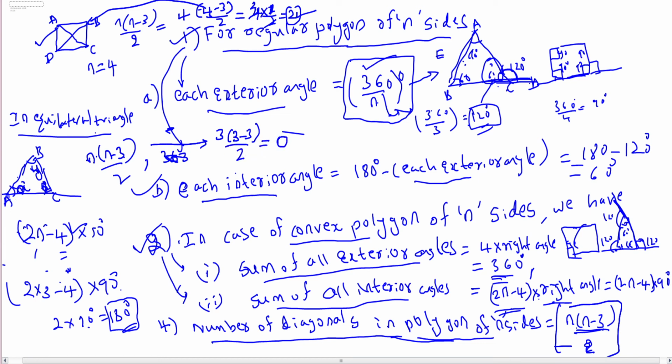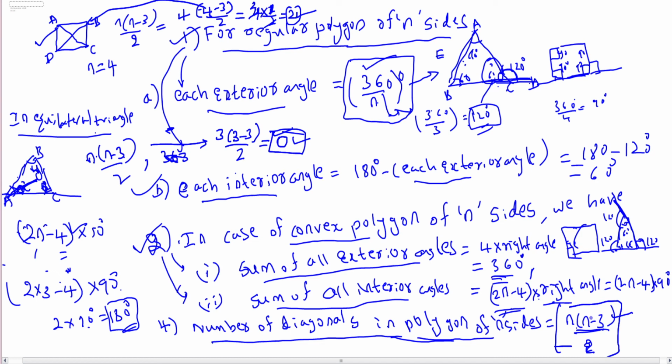See here, you cannot draw a diagonal in a triangle. Can you draw a diagonal in a triangle? No, you can't. Therefore, you get the answer 0. Therefore, we confirm that this formula gives the number of diagonals.